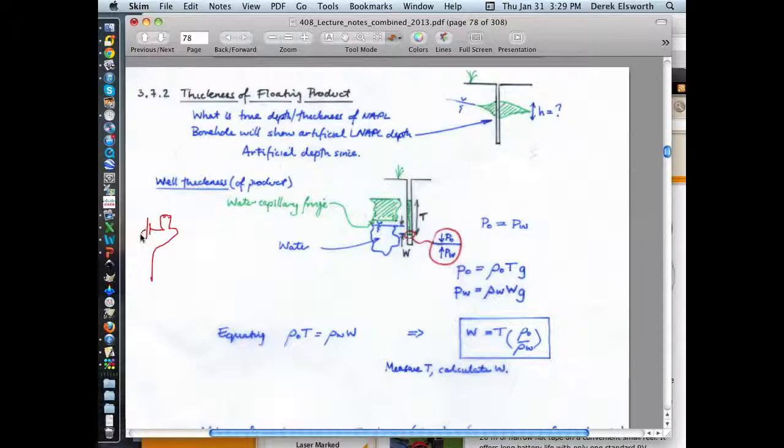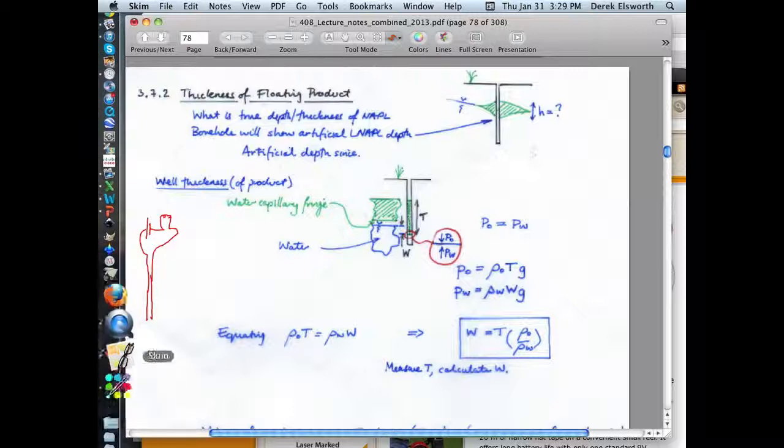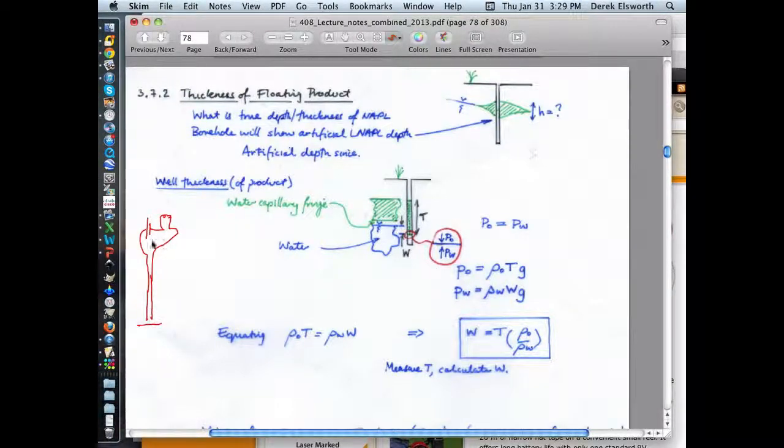You have the two cables that go down the well into this probe, and the probe has two open terminals. When the probe hits water, you make the circuit. When the circuit's made, the light comes on, and you know, whatever the length of cable you have down here, you've hit the water table.